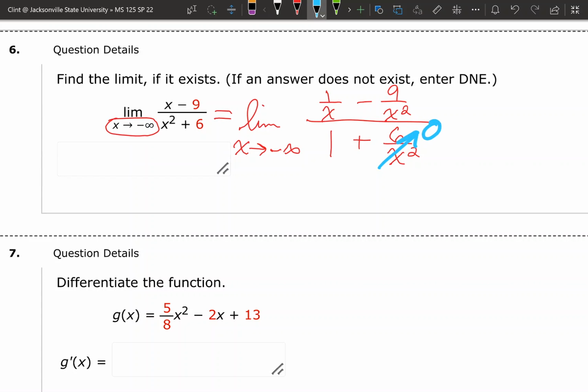That's 0, that's 0, that's 0. So we get 0 over 1, which equals 0. Okay, not undefined. You can have 0 in the numerator. That's fine.